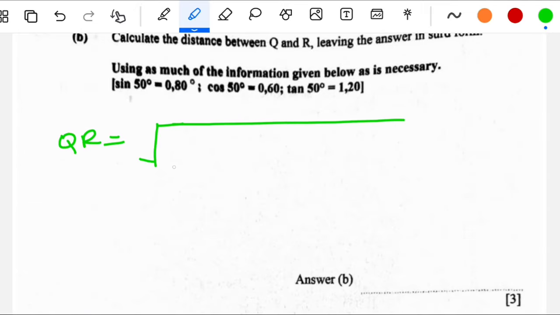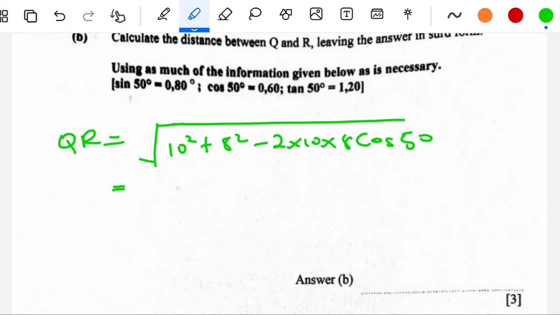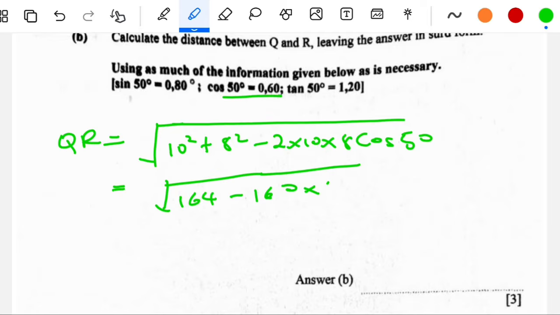So it's the square root of 10 squared plus 8 squared minus 2 times 10 times 8 cos 50, which is going to be what? 100 plus 64, which is going to be 164, minus 2 times 10 is 20, 20 times 8 is 160. Then cos 50, we're given here is 0.6.